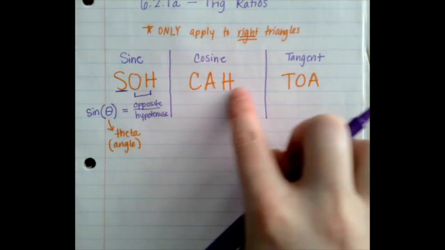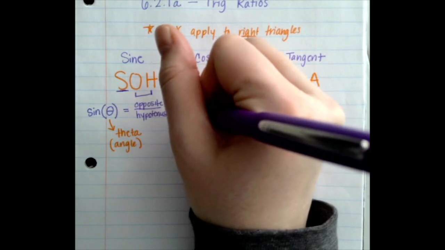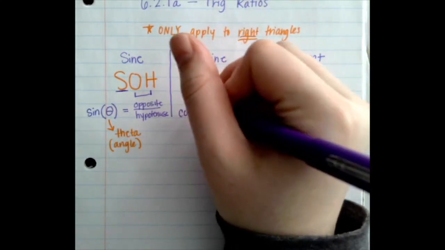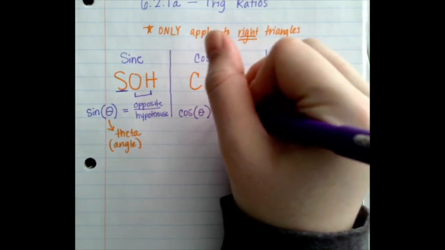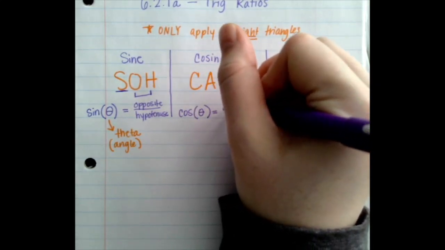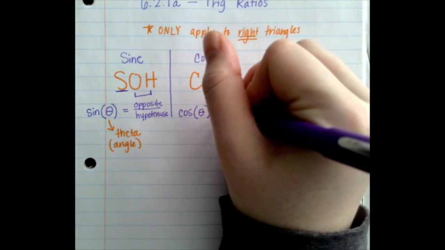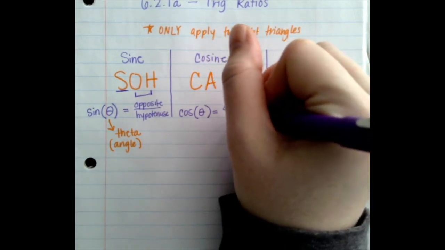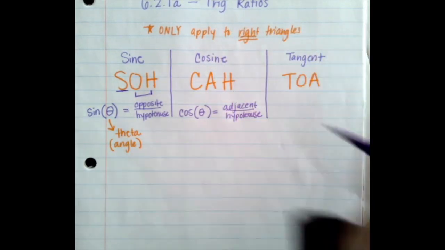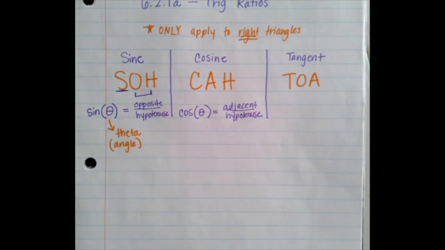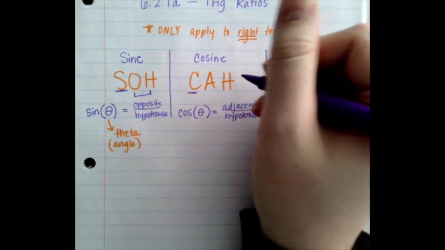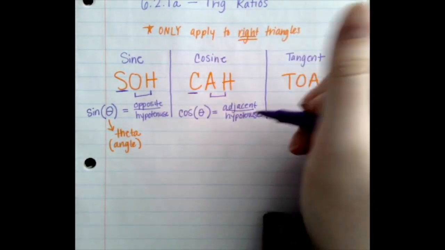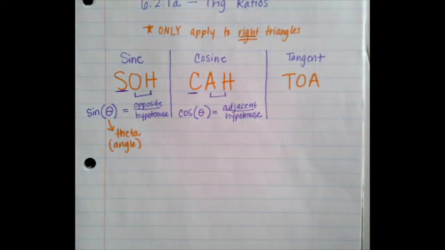And so now cosine is abbreviated as C-O-S, again, still pronounced cosine, of theta is equal to the angle's adjacent side over hypotenuse. Remember, adjacent is just a fancy word to say next to. And the CAH part tells us C for cosine and A and H for adjacent over hypotenuse.